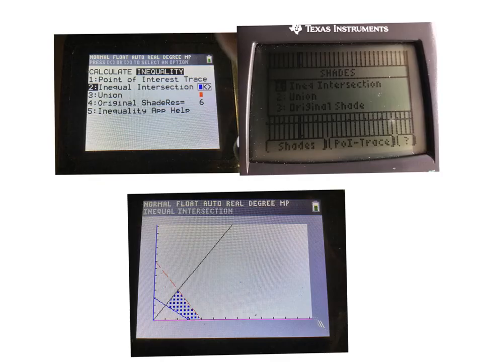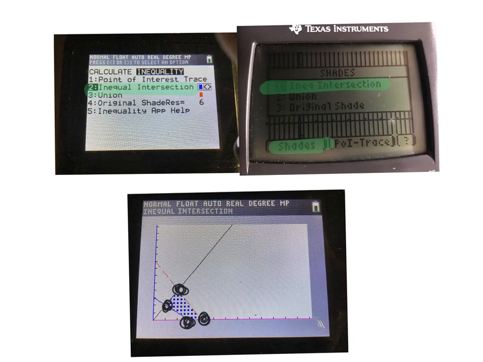Remember, when you graph these, you have to graph it twice, and the goal is to come up with the inequality intersection on your graphing calculator. And it looks like there are going to be 4 vertices, 4 points that are the corners of your solution area.